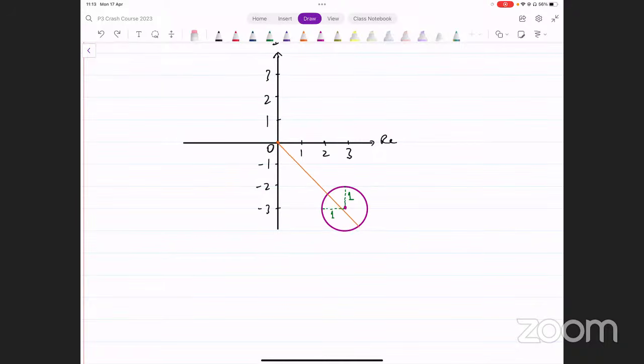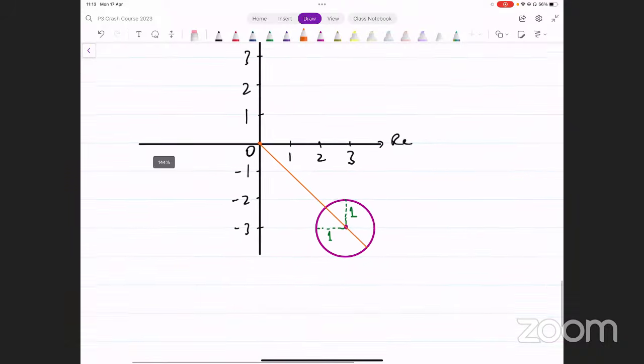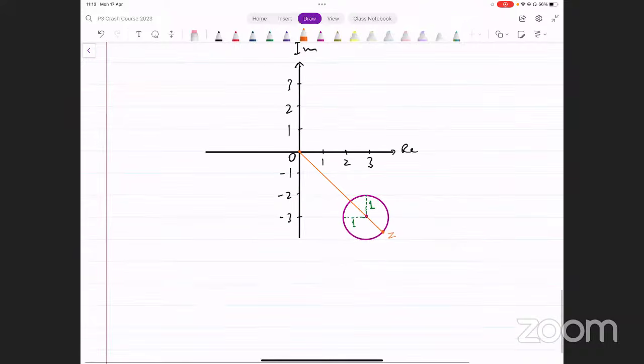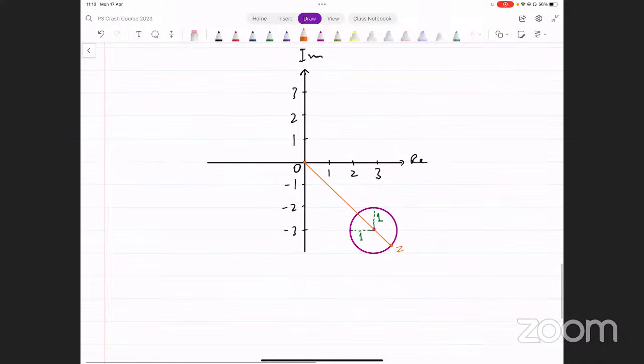And then the maximum possible value of modulus of z is going to come when the line coming from the origin passes through the center of the circle and then touches the circle on the other side. If the point z was here on the other side, that would give us the maximum possible distance from the origin. The line coming from the origin should pass through the center of the circle and go to the other side, and that will give you the maximum possible distance.